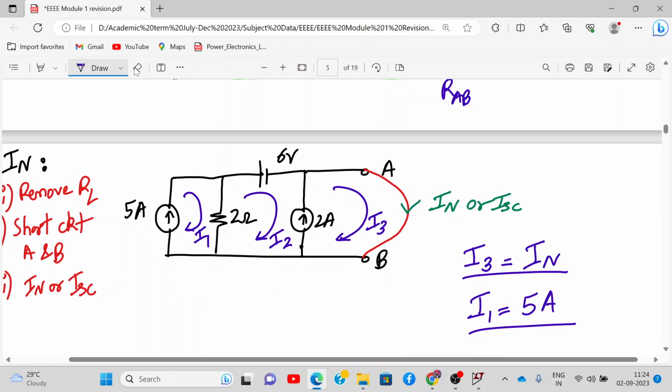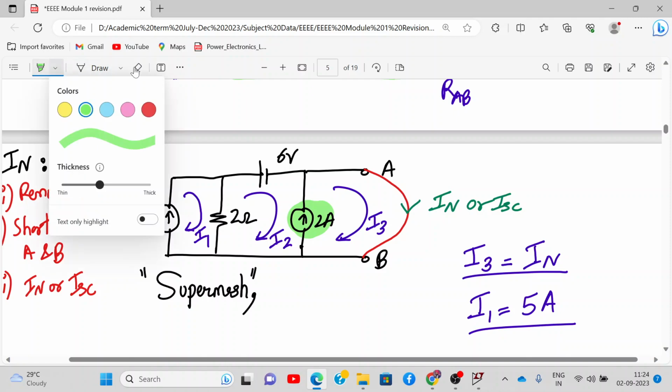Yes, sir. So basically we need to find I3 and I1. Now, can we apply mesh in loop number 2? No, right? Because it's a problem of a super mesh. You know super mesh? Yes, sir. What is a super mesh? Whenever a current source is shared between two loops, like this 2 ampere current source shared between loop 2 and 3, a super mesh is applicable.